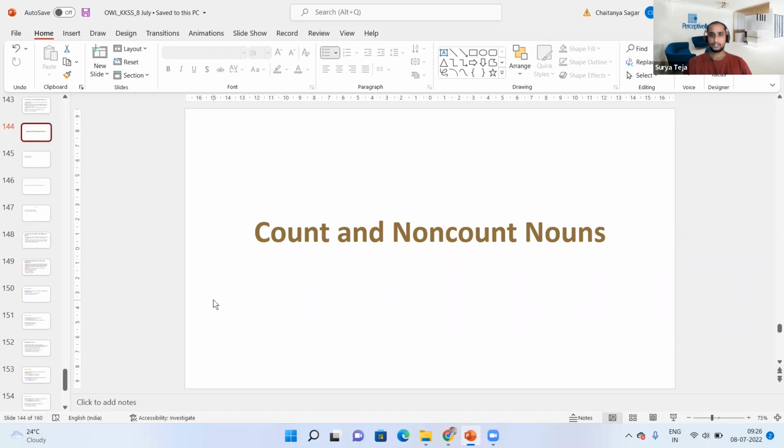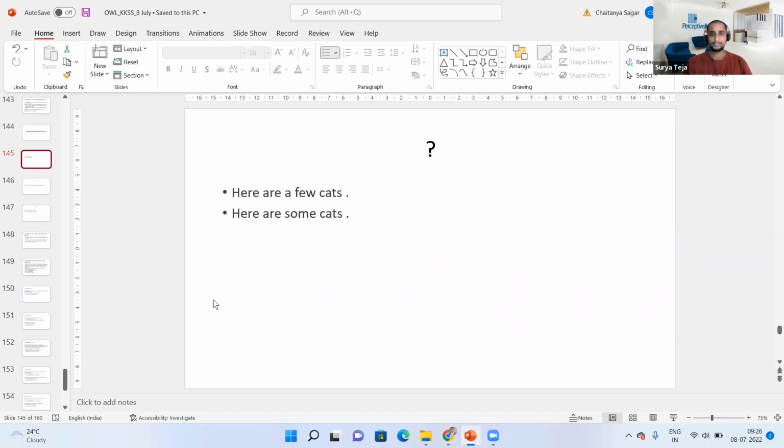So before I talk about count and non-count nouns, I have a few questions for you. I'd just like to know, of the two statements which you see in this slide, which one do you think is right? First one. Okay. Because few is used for countable things. Some is typically used for non-countable things.